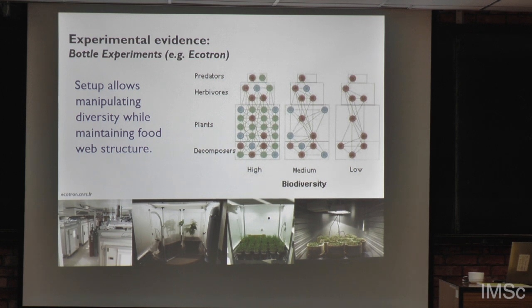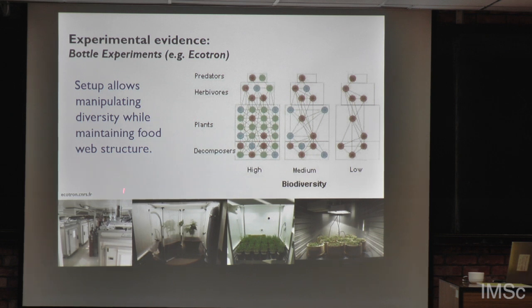The initial ecotron experiments used to be done in the United Kingdom. Currently, the ecotrons have been set up in Montpellier in France. These photographs are from the current ecotron experiments in Montpellier. What they do is they have large enclosed chambers in which they put a few species of different types. They could be, of course, plants.